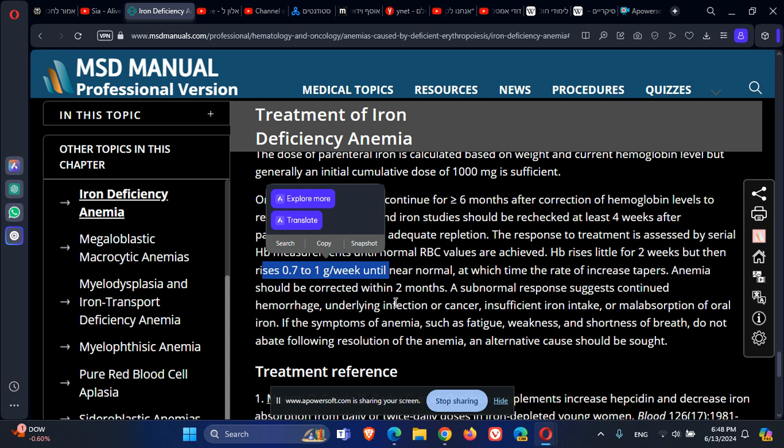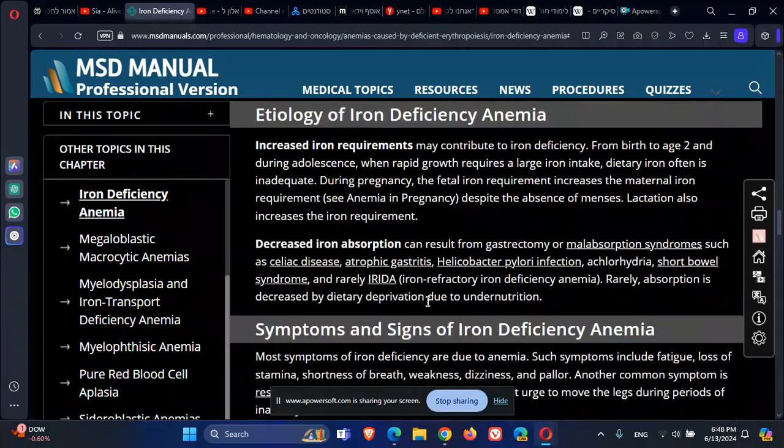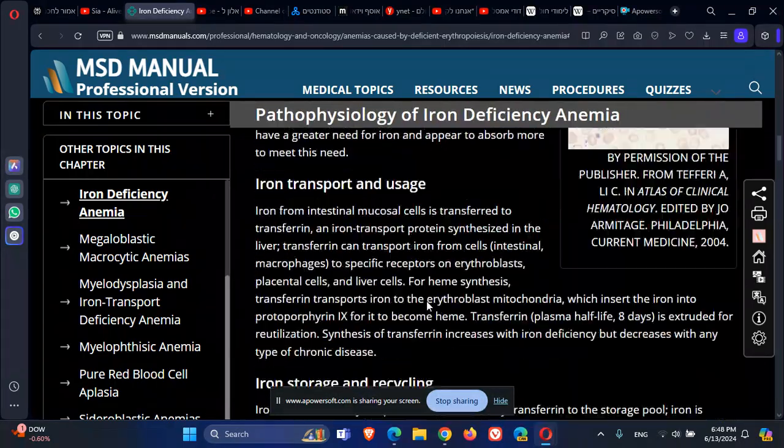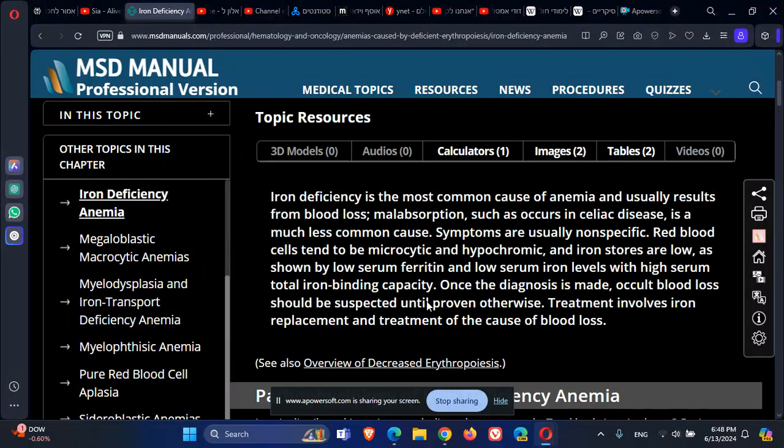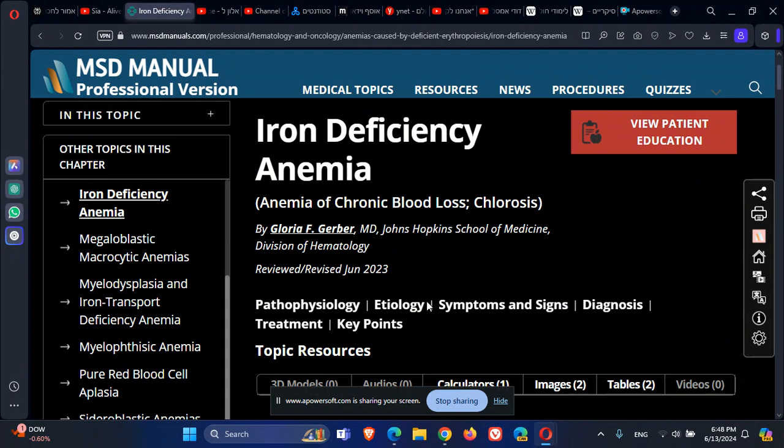And remember to think about the etiology, the underlying cause of the patient's iron deficiency anemia, not just to treat it with iron, but to make sure that we quite understand the reason for iron deficiency anemia in the patient, so we won't miss a very important diagnosis.